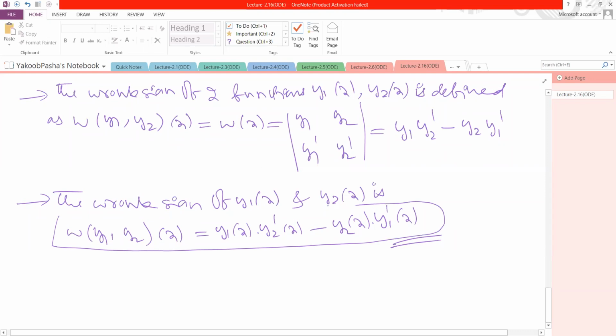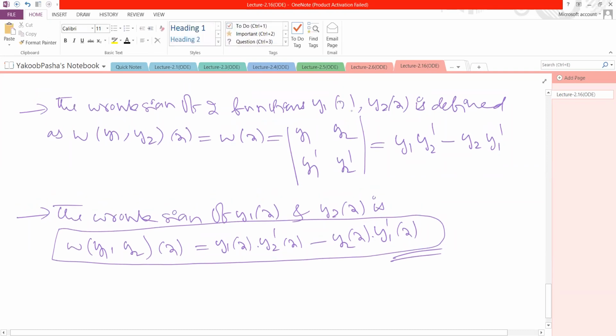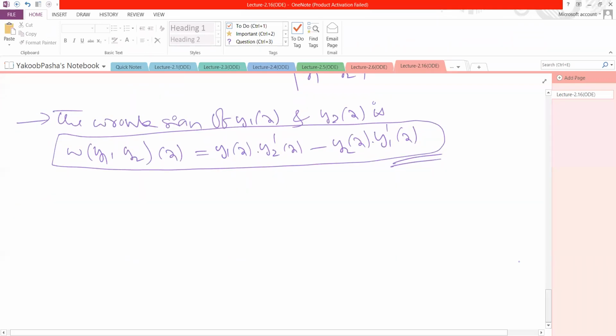Now you have to observe here these y1 and y2. These are the two solutions for the second order linear differential equation. Now we can talk about these solutions for linear independence and dependence.